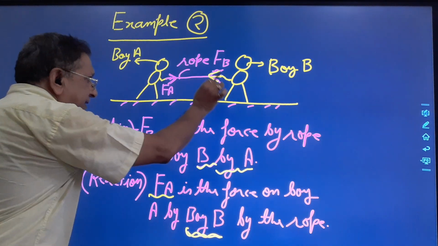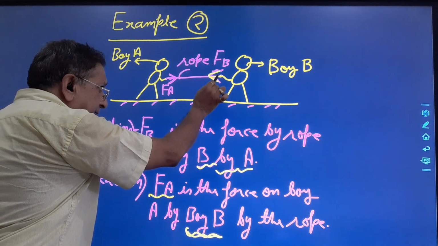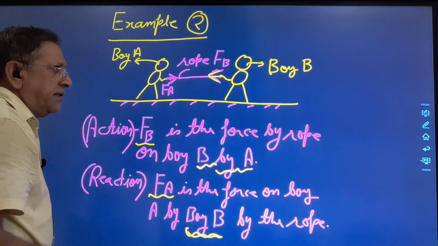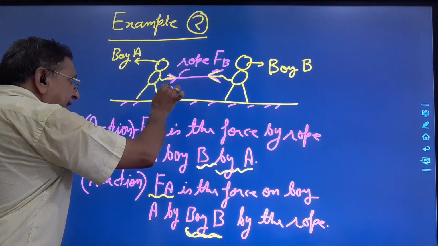By rope, they are connected by a rope. The force exerted FB on boy B by A. Then this boy B also exerts a force FA.